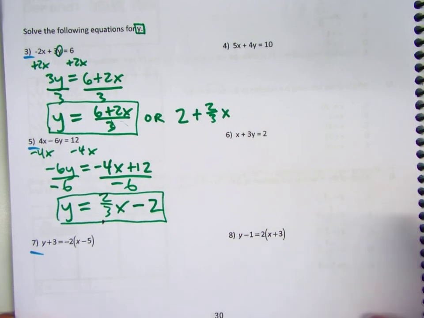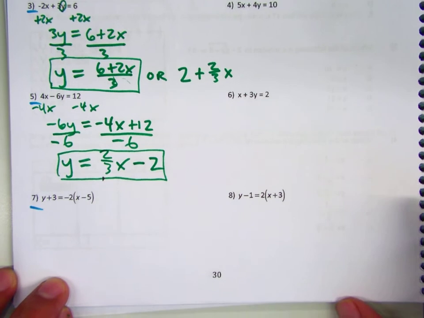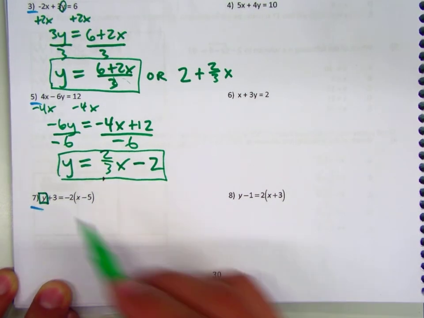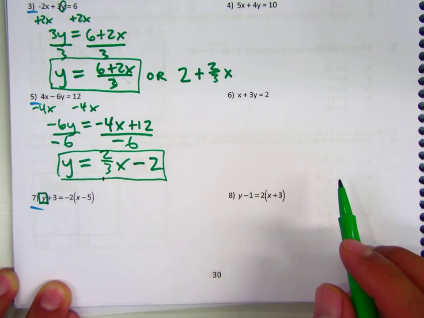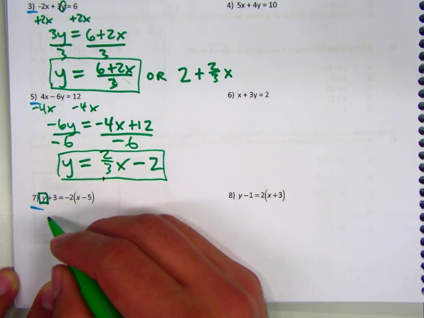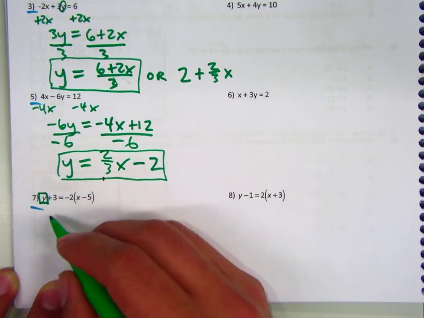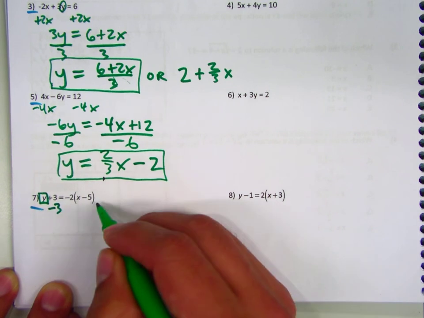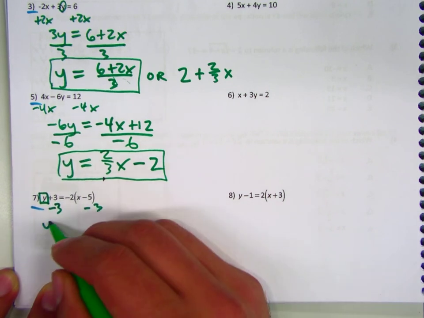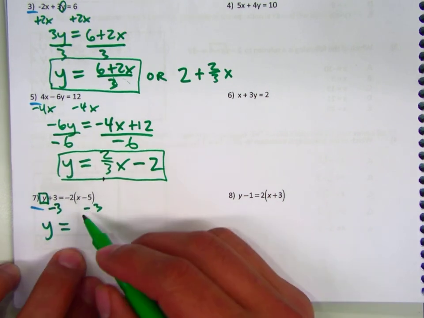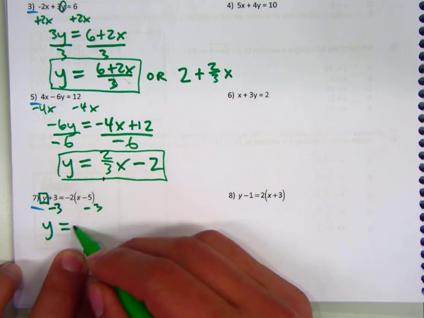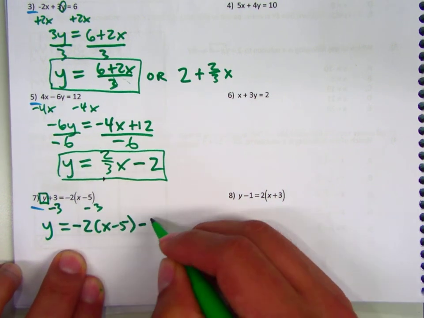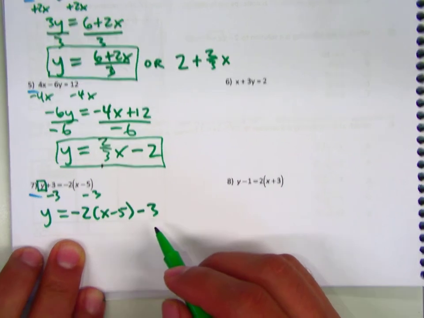And last one looks a little different, but again, the goal is still to get y by itself. Okay. If I'm just getting y alone, I could simply subtract 3 on both sides. So I have y equals, and I'm just going to copy this down, negative 2 parentheses x minus 5, and I'm just going to put the minus 3 at the end.